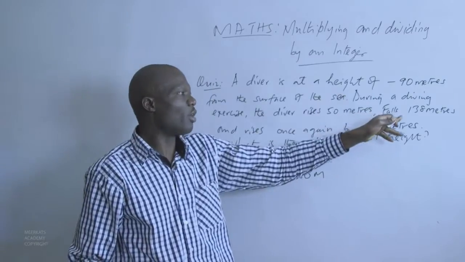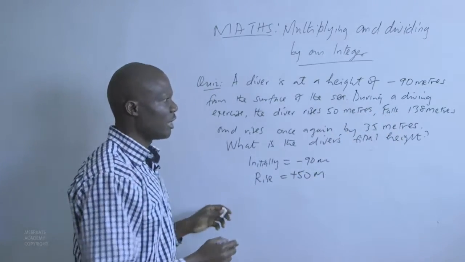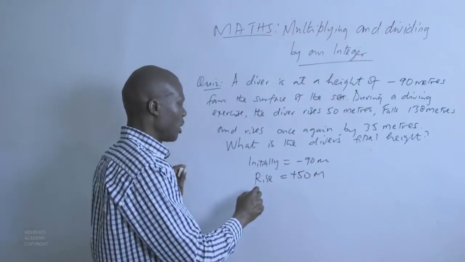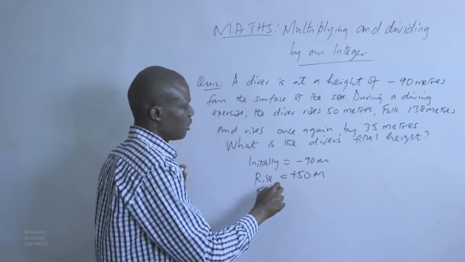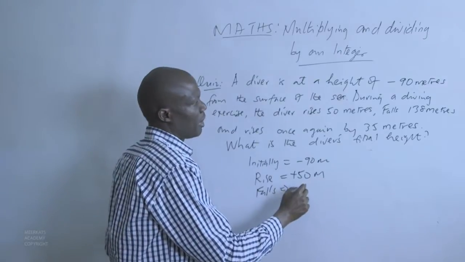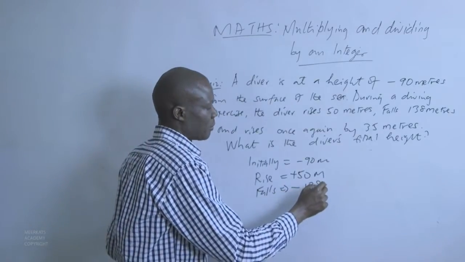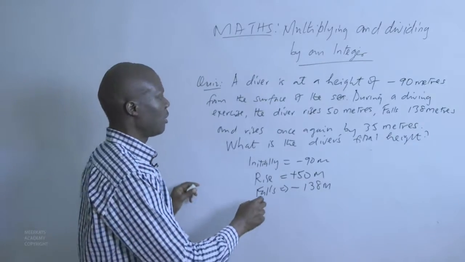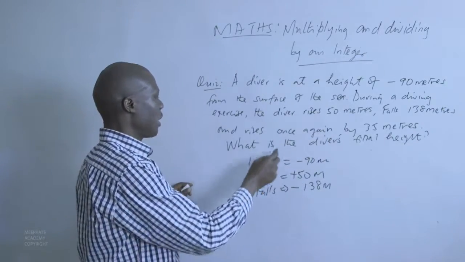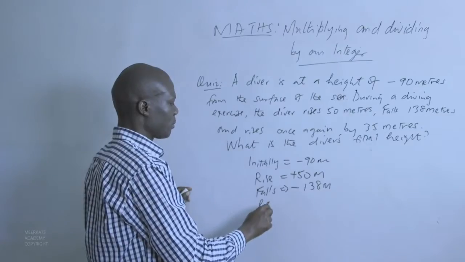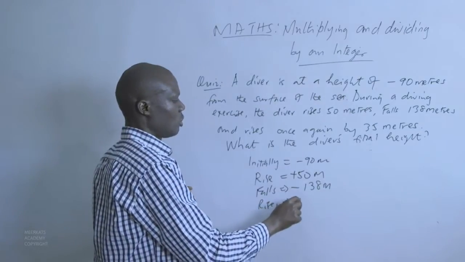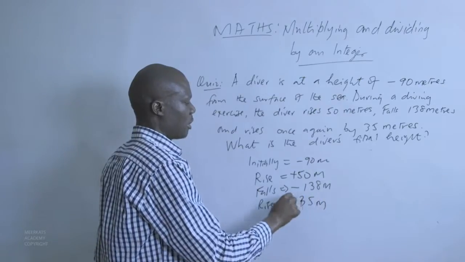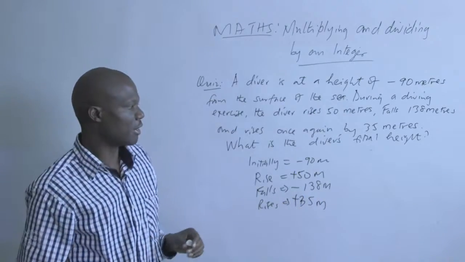Later on, he falls 138 meters, which means he will go minus 138 meters further below. And finally, he rises once again by 35 meters, which is a plus.